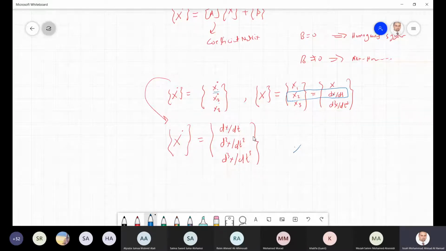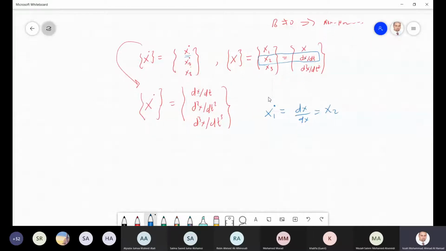So we can say that x1 dot equals dx by dt and equals x2. Correct? We also can say that x2 dot equals d square x by dt square. It can be written as x3 if you have more, for example, third order, fourth order, and so on. So d square x by dt square equals x2 dot, correct?